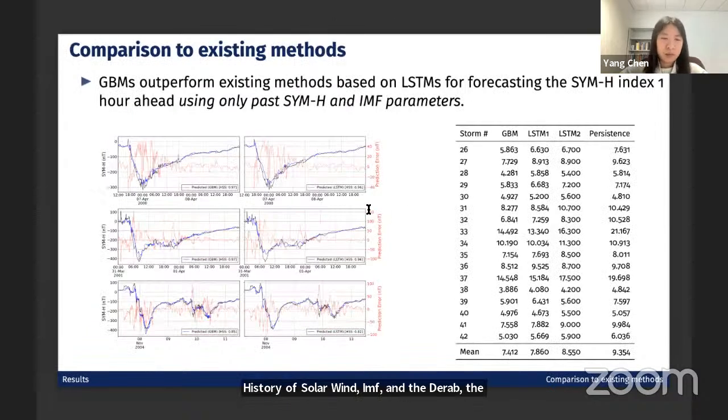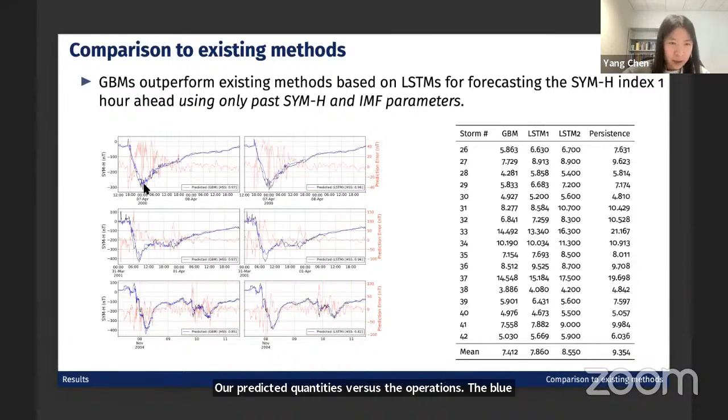So this is a brief comparison of the results to the existing method. On the first column, we're showing the results of our predicted quantities versus the observations. The blue one is our predicted quantity, and the observation is the black one.